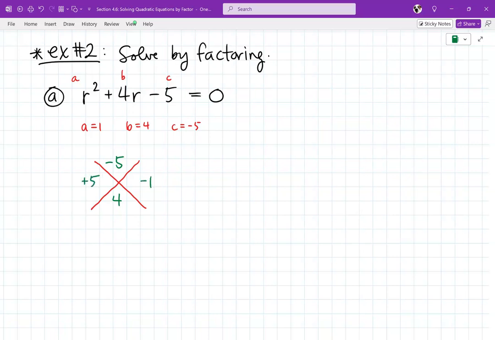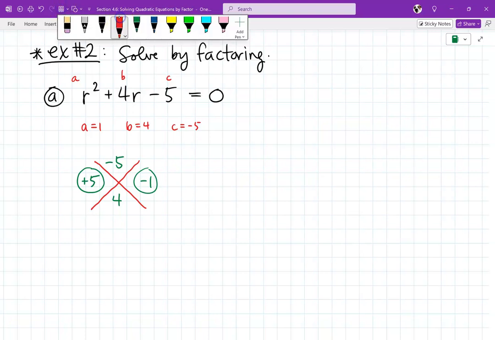Yeah, that's a good choice. Because 5 times negative 1 is negative 5. 5 minus 1 is 4, so that's good. Then you're supposed to divide by a. But will anything happen if I divide by 1? No. So then I just skip that step. So here we go. These are my options.